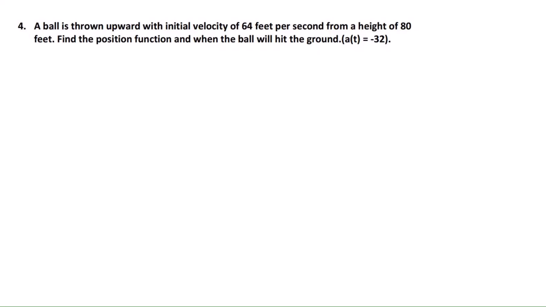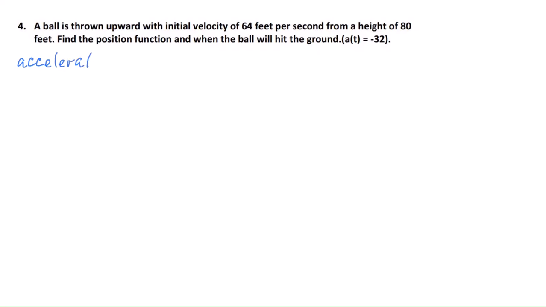They want us to find the position function and also how long is it going to take for the ball to hit the ground. Now out here at the end, that little a of t stands for the acceleration based on time is a negative 32. So keep in mind a couple of things.